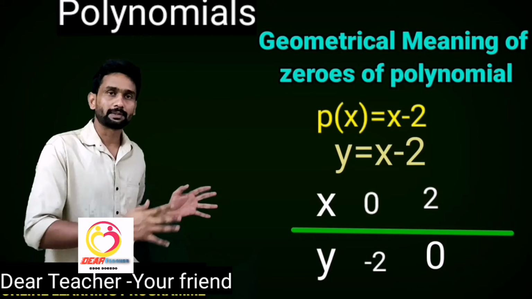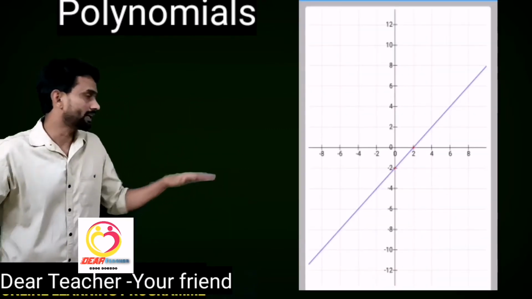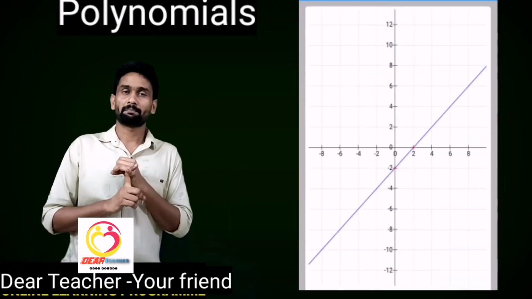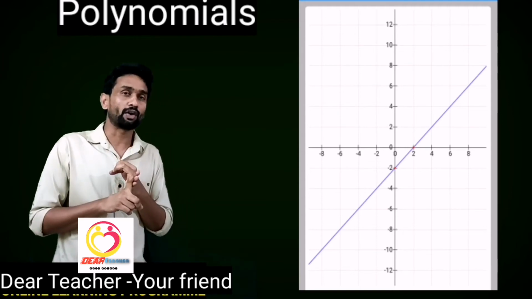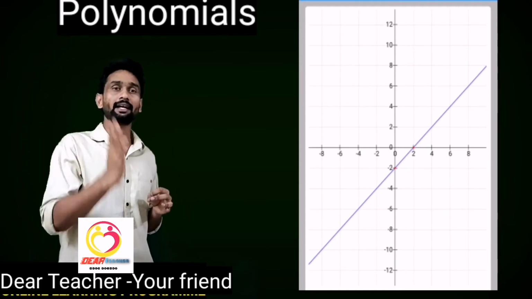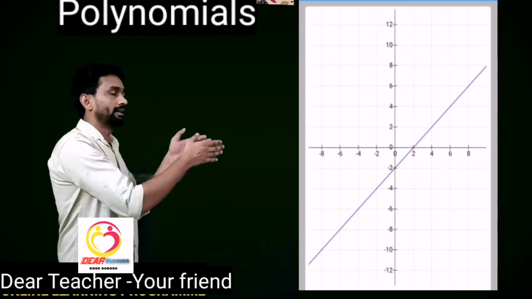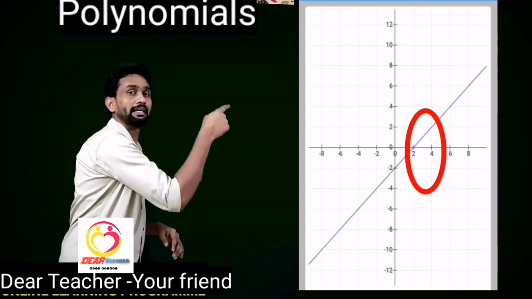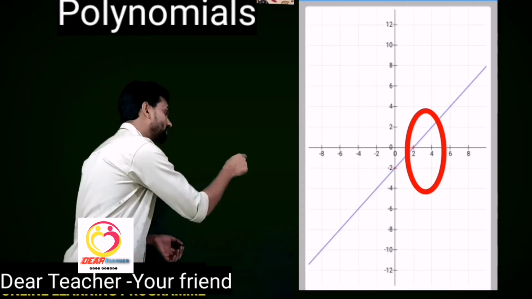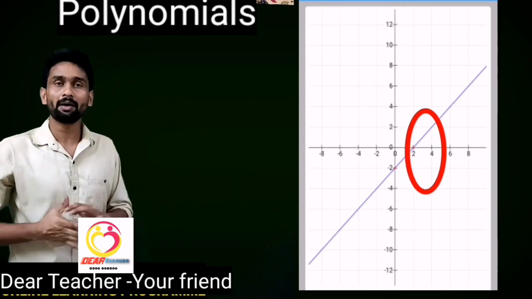Now we can plot these points in a graph. This is our graph. If you present a linear polynomial in a graph sheet, you will get a straight line. This x minus 2 straight line intersects the x-axis at one point. It is intersecting at 2. This 2 is the zero of the polynomial.